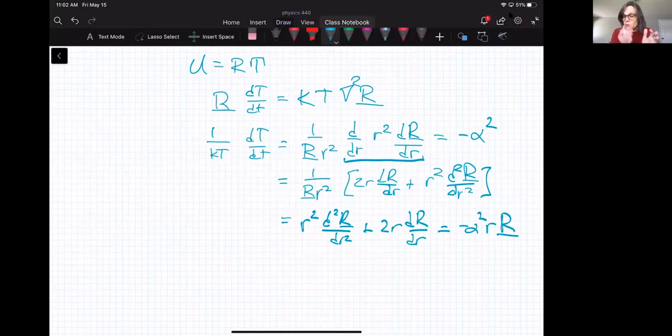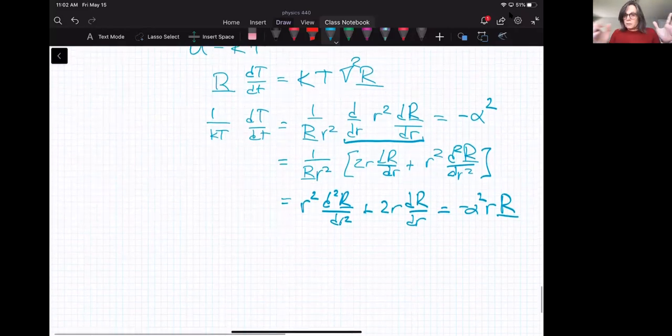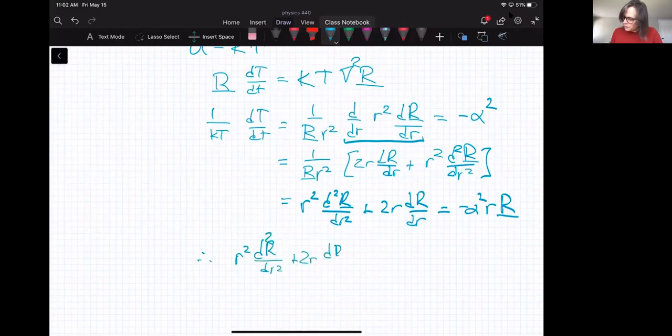We already know what the solution for T is, right? As always, that's going to result in our typical time dependence. What this means is that we're left with r squared d squared R/dr squared plus 2r dR/dr plus alpha squared r R equal to 0.